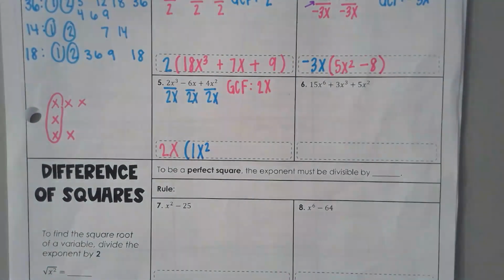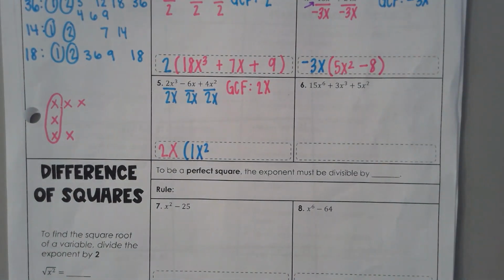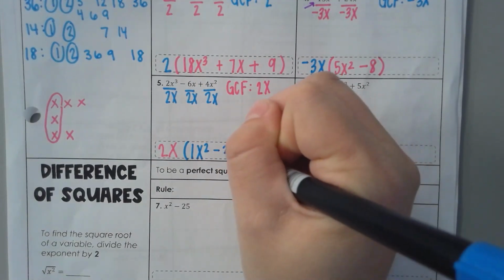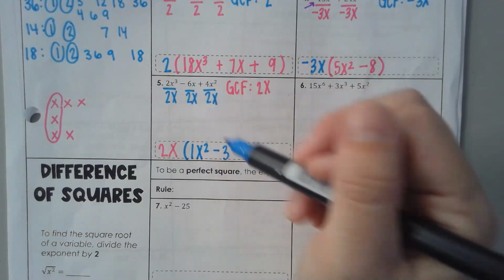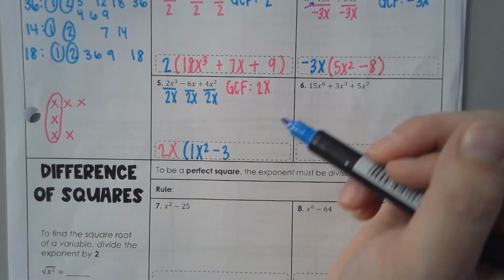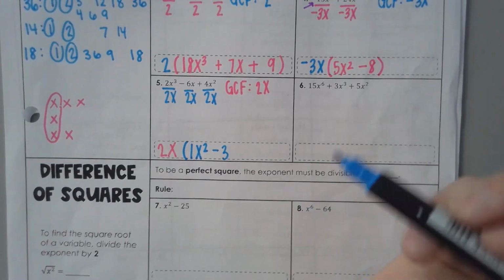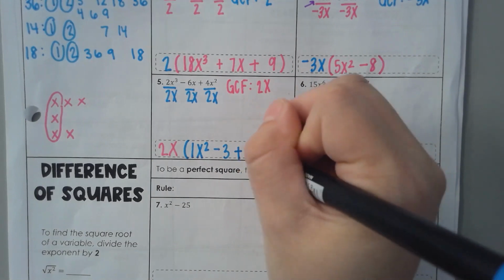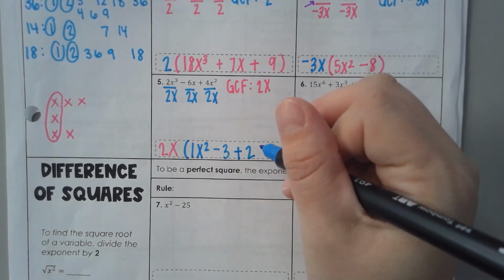X to the second. Negative 6 divided by 2 is negative 3. How many x's? None of them. They only had 1. I canceled out 1. And then 4 divided by 2 is plus 2. Do I have any x's? One of them, yep.